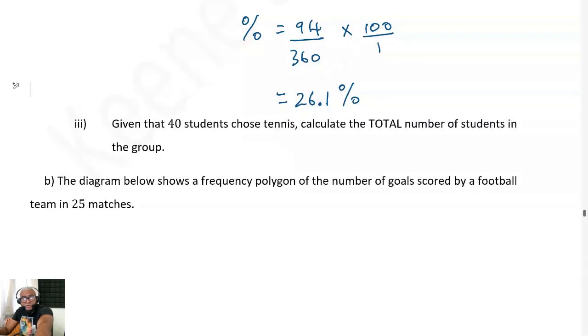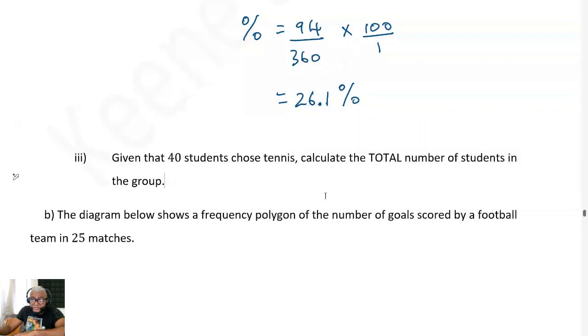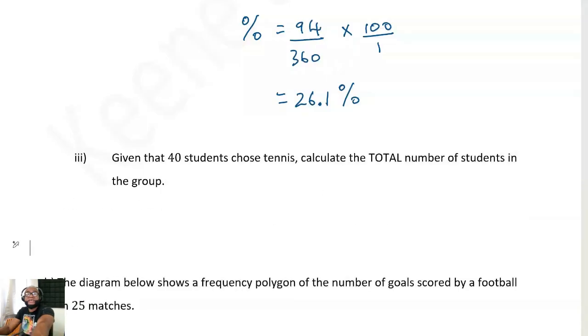Given that 40 students chose tennis, calculate the total number of students in the group, right? So tennis was represented by how many degrees? 45 degrees. Basically it's 45 over 360 multiplied by some value which represents the total amount of students is equal to 40, right? 45 over 360 is the fraction of the circle that represents the children that play tennis.